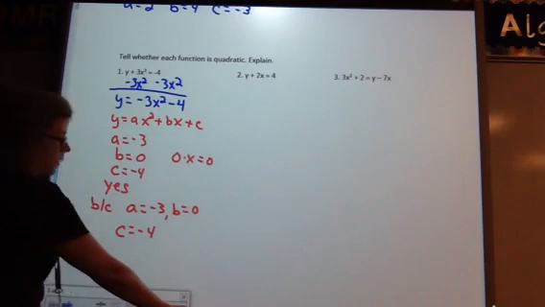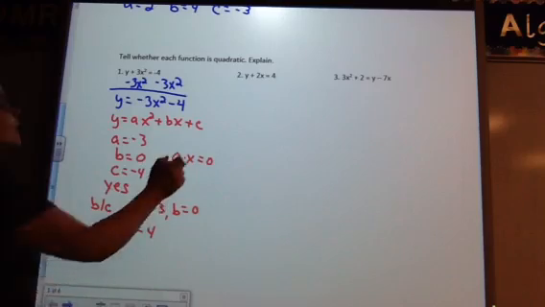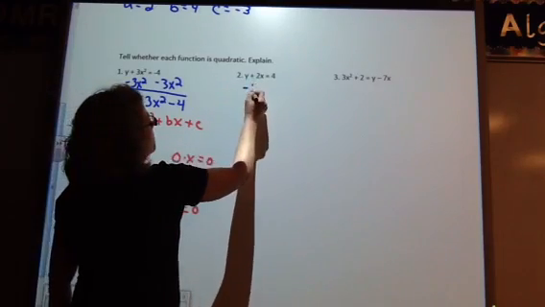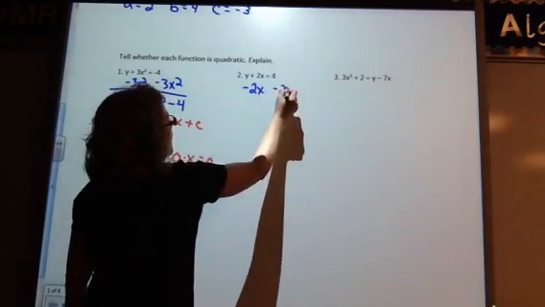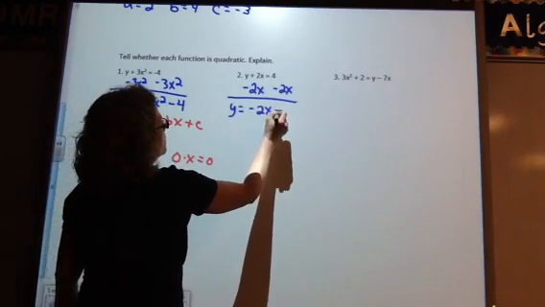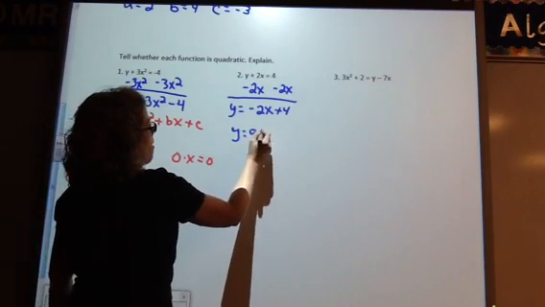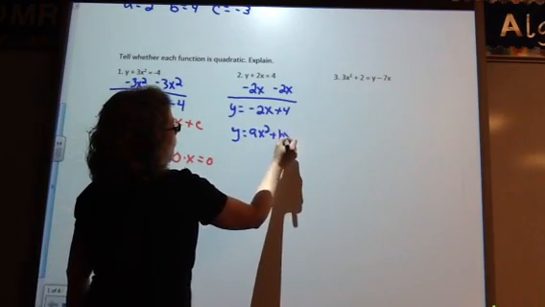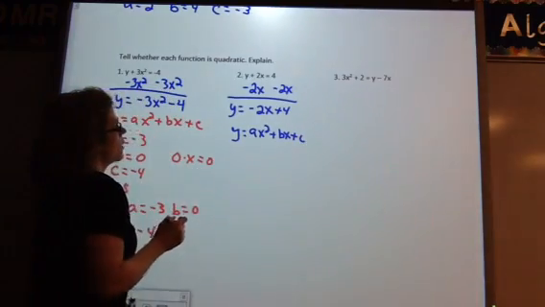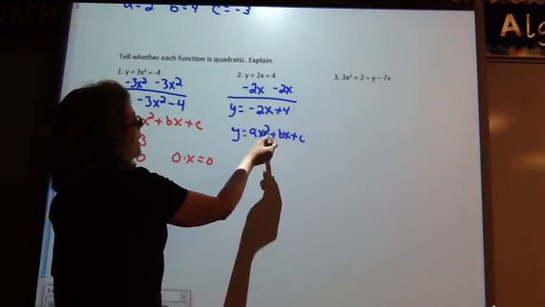Okay? Alright, let's look at this next one. Again, we need to isolate our variable y first. So let's subtract 2x from both sides. So y equals -2x plus 4. Okay, so do we have an a on this one? Do we have a coefficient in front of x squared?